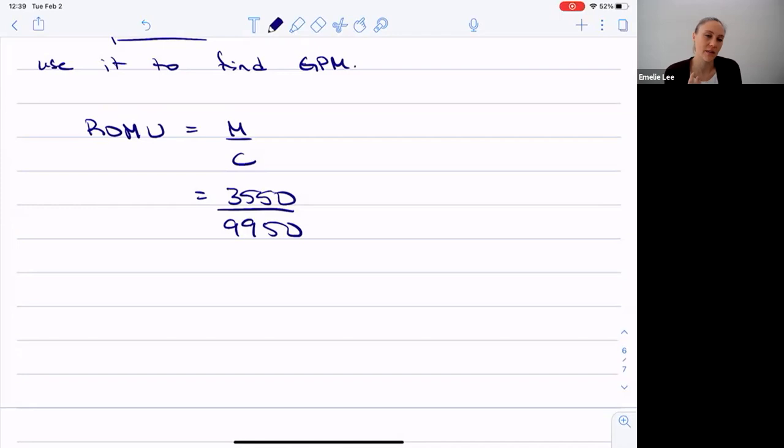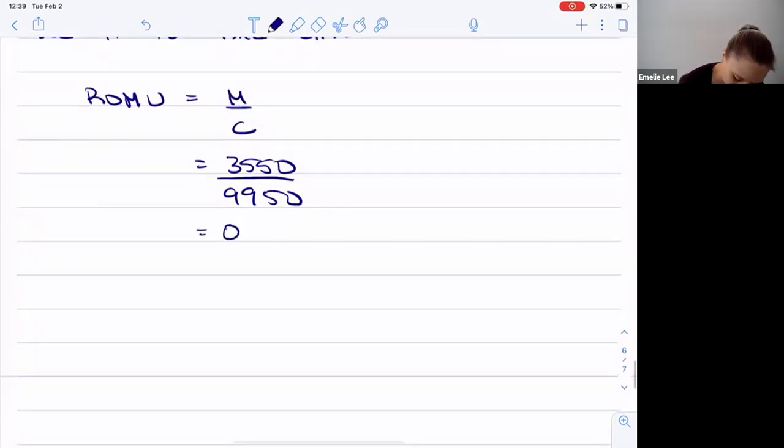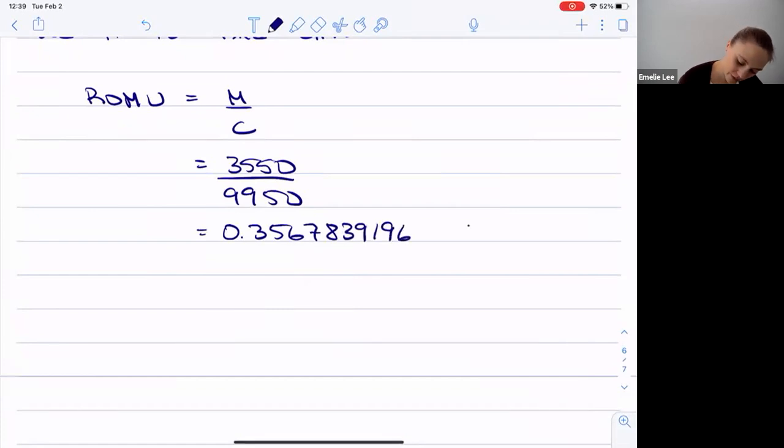So that's just how it's going to go. Okay. So 35.50 divided by 99.50 puts me at 0.356783919. Therefore, the ROMU is roughly 35.68%.